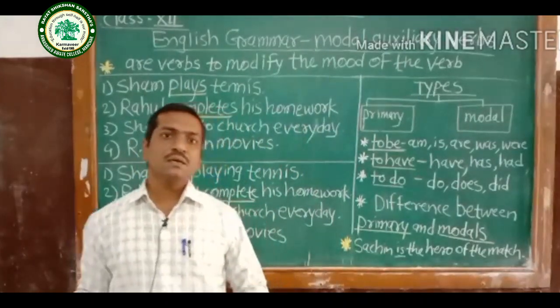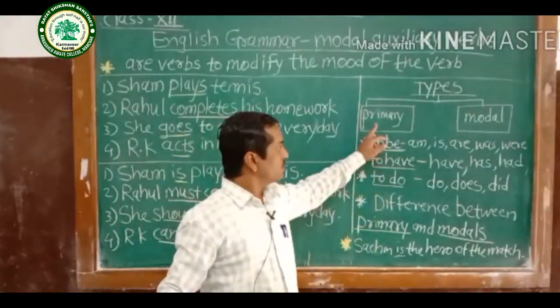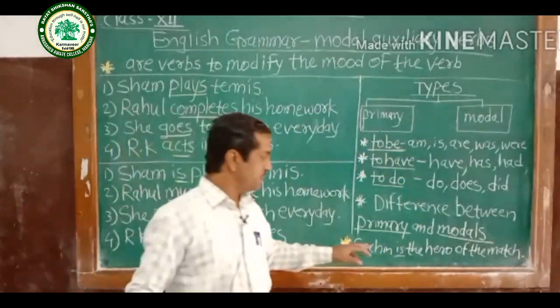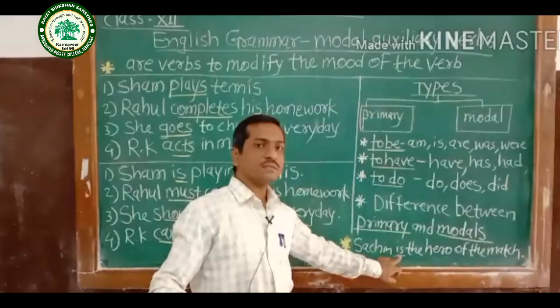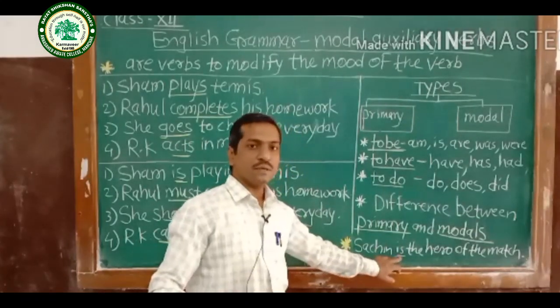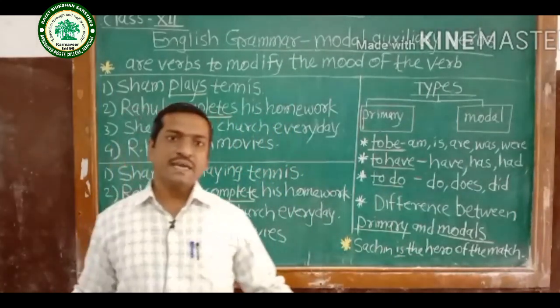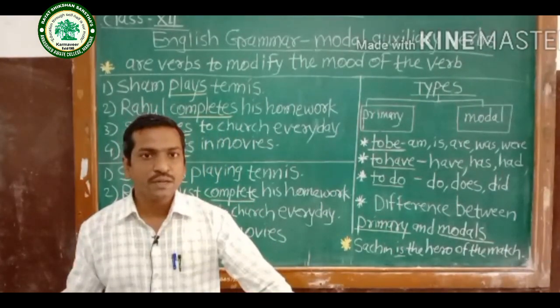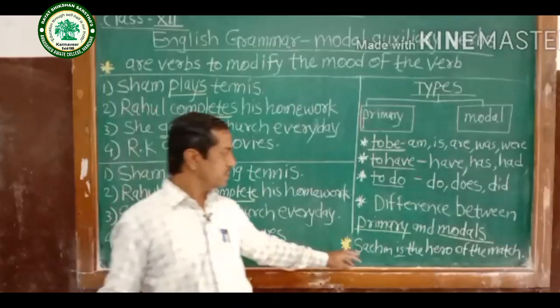Is is a primary auxiliary verb, though it sometimes functions as the main verb in a sentence. Primary auxiliary verbs can stand alone in a sentence. They can change according to the subject of a sentence.